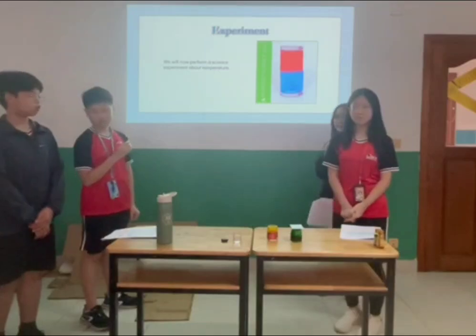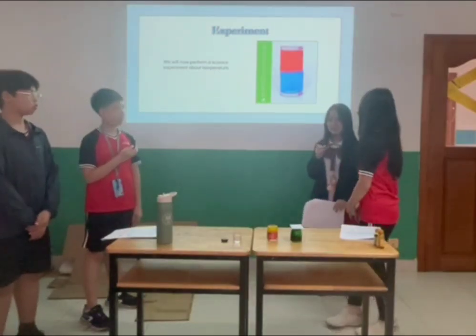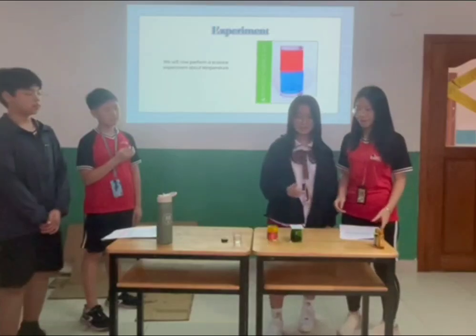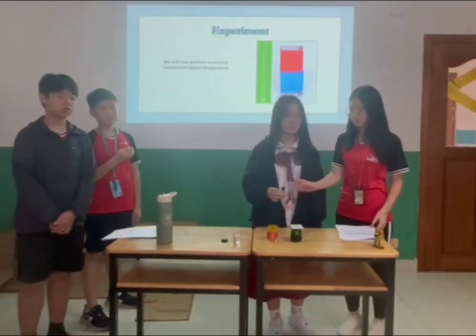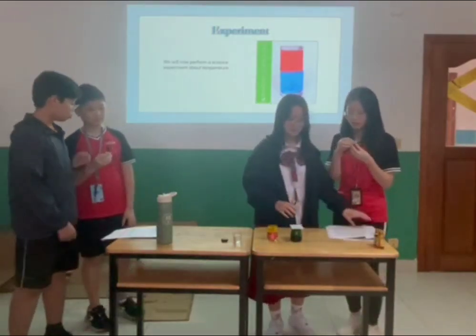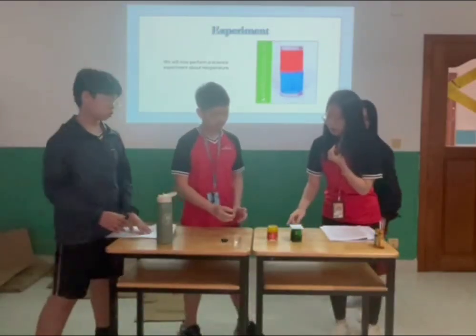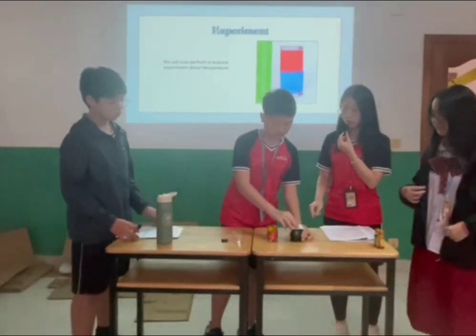Now we will perform an experiment using temperature. We have 2 cups of water. The green one is hot and the yellow one is cold. So we will put a card on top of the hot water and then flip it over the cold one.